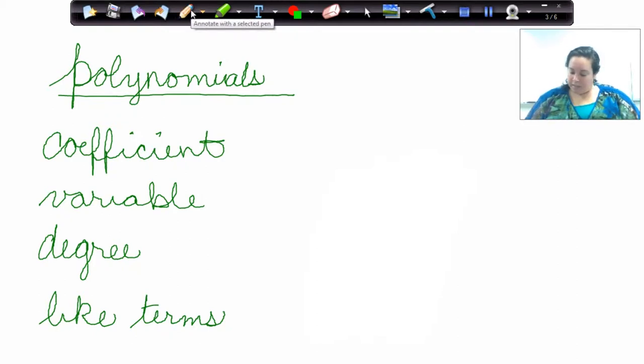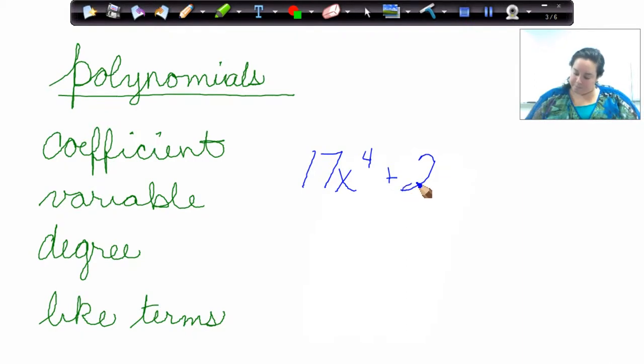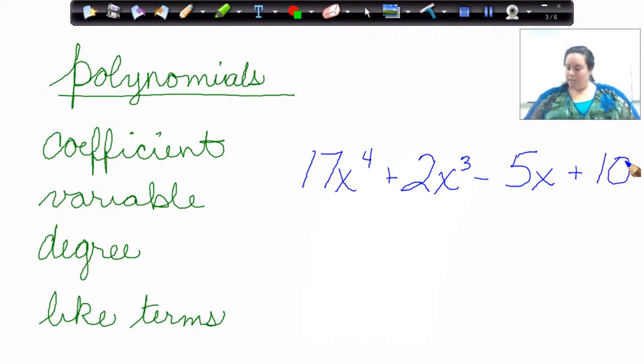So for example, if you have 17x to the 4th, that's a monomial, plus 2x cubed, another monomial, minus 5x, another monomial, plus 10, another monomial. Each one of these is a monomial, and strung all together, it's a polynomial. We call each of these parts terms. That's important.